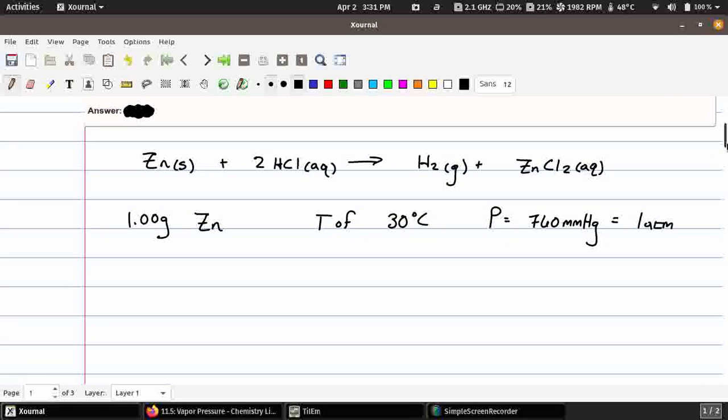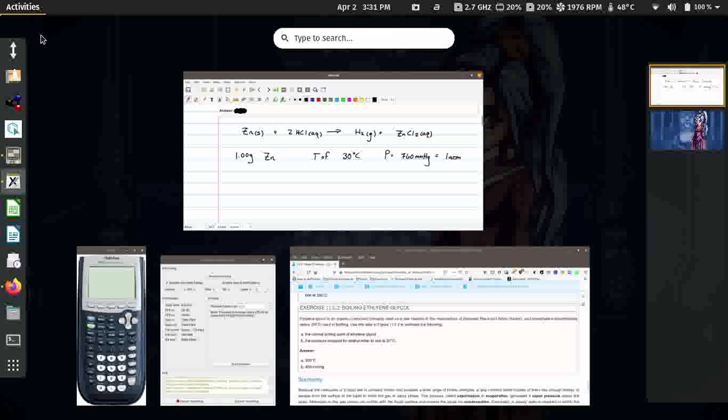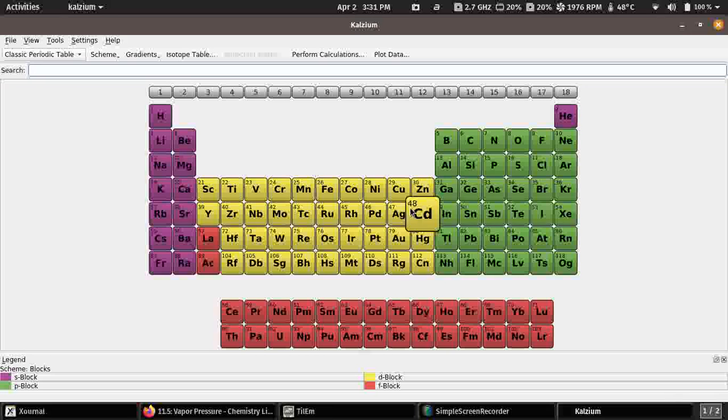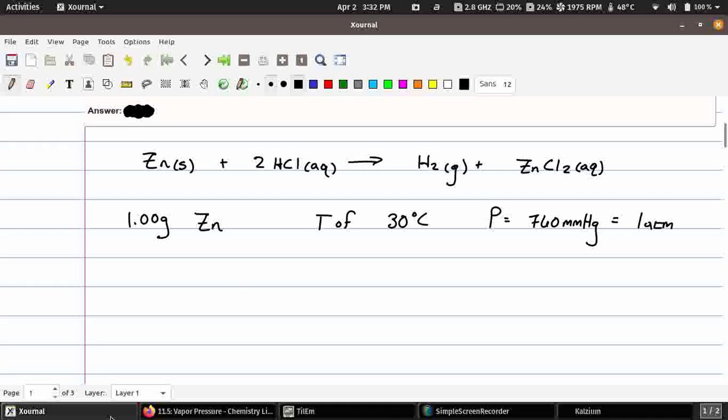So let's figure this out. I don't know zinc's molar mass off the top of my head, so let me pull up the periodic table. It's right here. Zinc is 65.38 grams per mole.